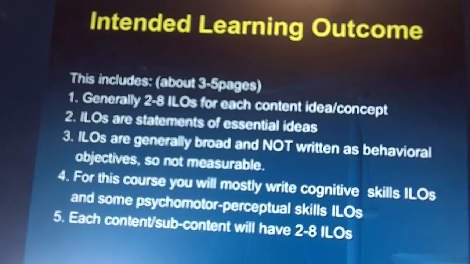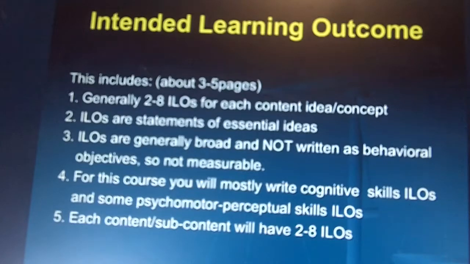Then you will need intended learning outcomes for average speed also. If you are talking about cells and cell division, then are you also talking about the structure of animal cells? You need intended learning outcomes for the structure of animal cells. And if you are also talking about different parts of the animal cells, then you want intended learning outcomes that represent different parts of the animal cells.